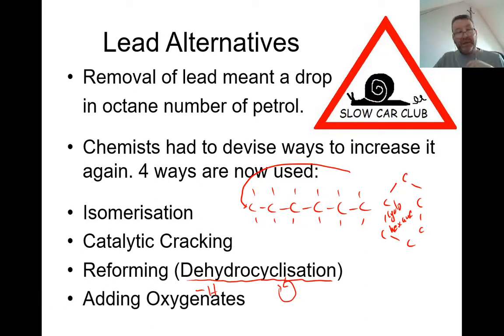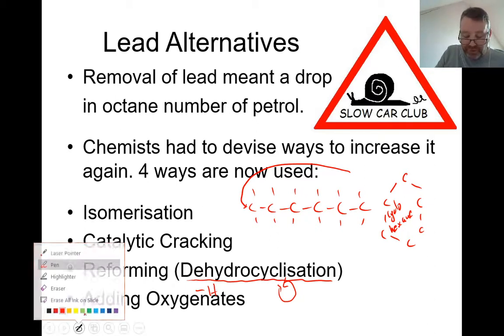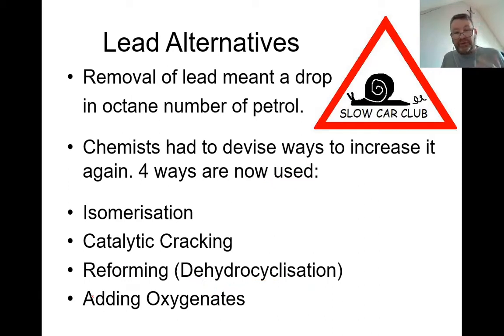And lastly, you can add oxygenates. Now, adding an oxygenate simply means that it contains oxygen. And the ones that are most important are MTBE and alcohols. Those two, particularly the alcohols. The alcohols are good, and I don't know if you can remember back, but there was a phase in Ireland when you'd go into a petrol station and you'd see written up, now with 5% ethanol.